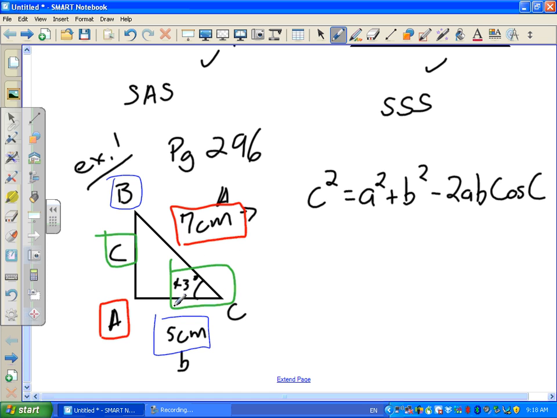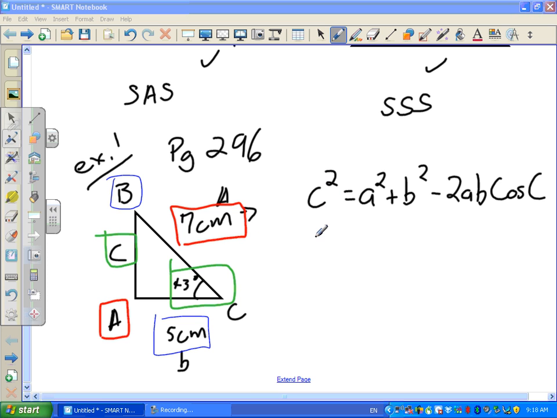Make sure you call that side C, because there's only one angle in the cosine law formula. You can name any side A, B, or C, but it's in your best interest, if you have the measurement of one angle, to name that side C in order to set up this formula properly.